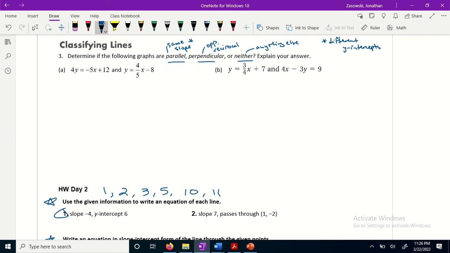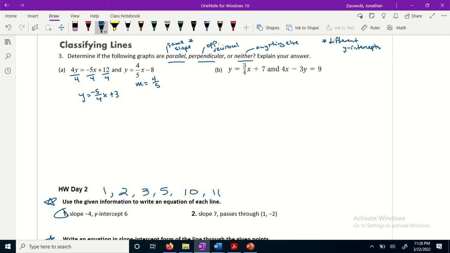All right, let's take a look at the first equation. So number one, we can see the slope of the first line here on the right is just 4/5. What are you going to get for the slope of the next one over here? Go ahead and try that one. All right. Hopefully you see you can just divide by 4 and get y equals negative 5 over 4x and then plus 3, but it doesn't really matter about the plus 3 because it's different.